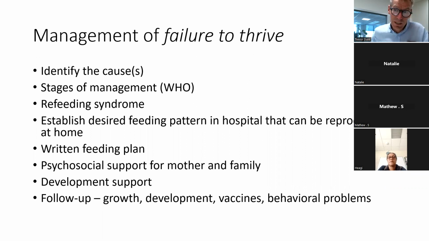So if you think about it like that, then that will help. And then we should be following the stages of management of severe malnutrition, and we should be alert to the possibility of refeeding syndrome. And then I think it's useful to establish a feeding pattern in hospital that can be reproduced at home.